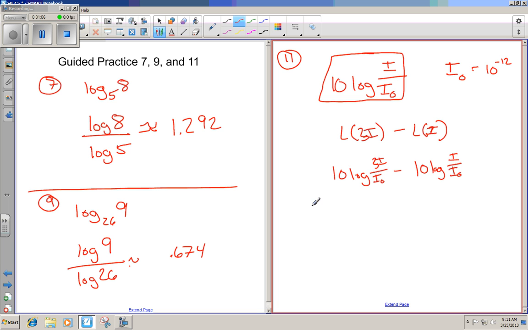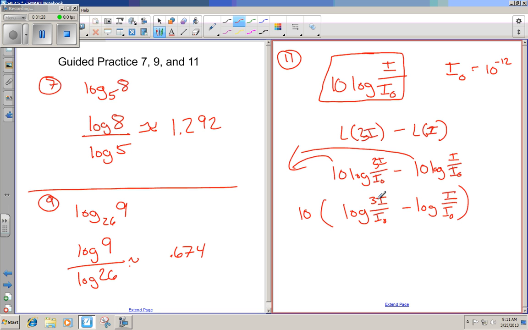What we're going to look at is we're going to keep that 10 on the outside. Notice how it's a 10 here and a 10 there. We're going to undistribute. They're both divisible by 10. Take it out. Log 3I over I sub 0 minus log I over I sub 0. And we're going to look at some properties here. Check this out. This is multiplication.